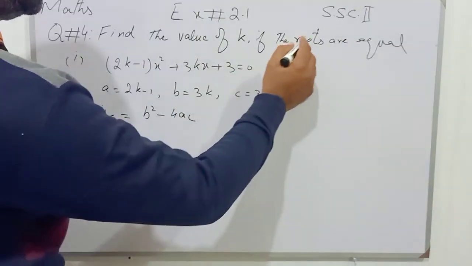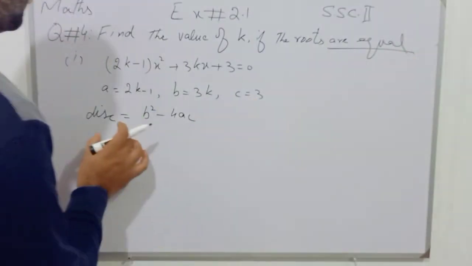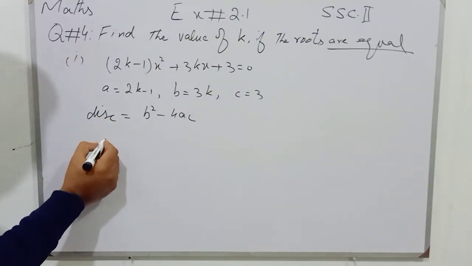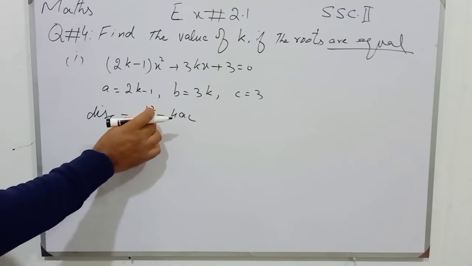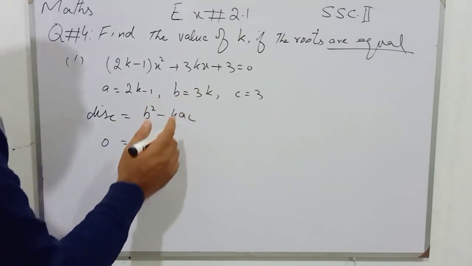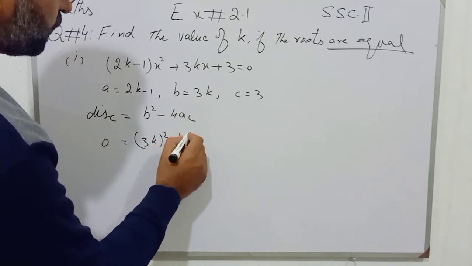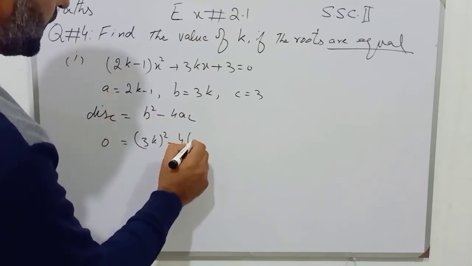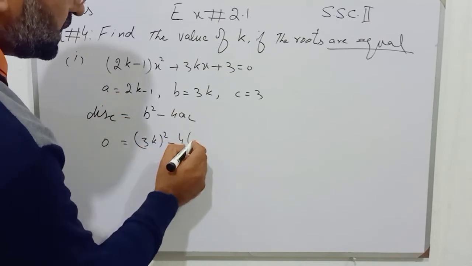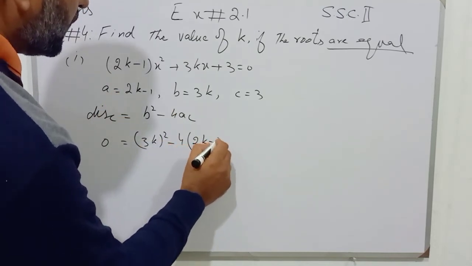As the roots are equal, it means the discriminant is 0, so I will put 0 in place of the discriminant, and the value of B is 3k, so it is written (3k) square minus 4 into the value of A, which is 2k minus 1, and the value of C is 3.